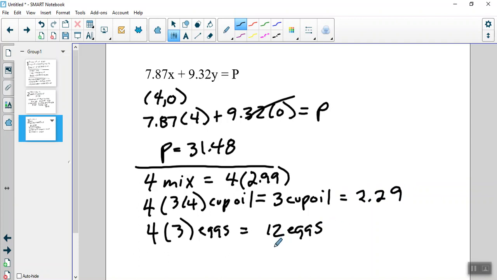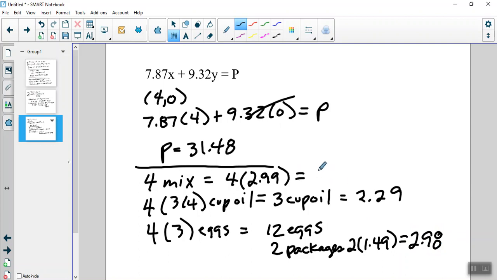And for the eggs, to get 12 eggs, we'll need to buy 2 packages. So that would be 2 times $1.49 for the eggs, and that would be $2.98.